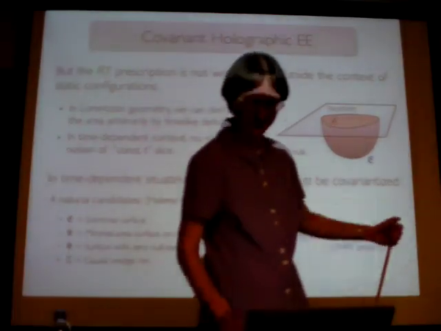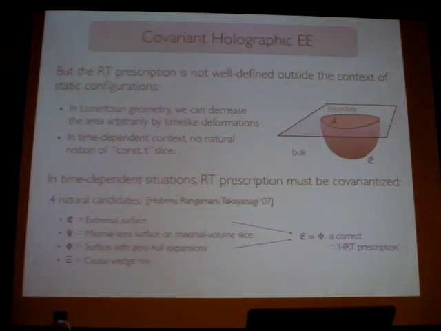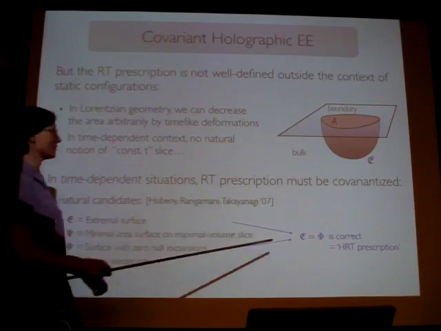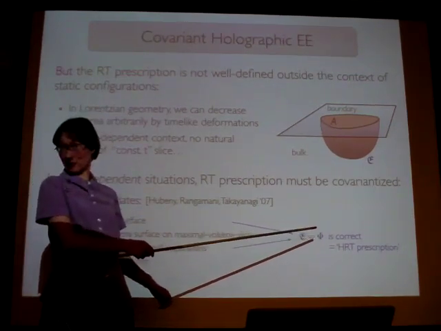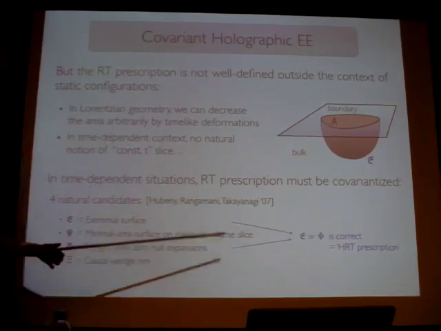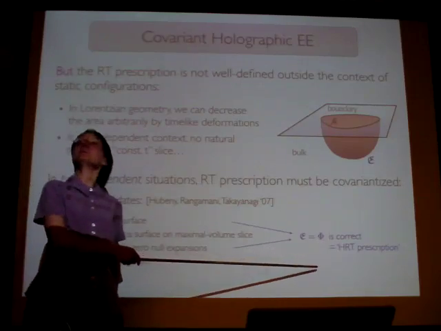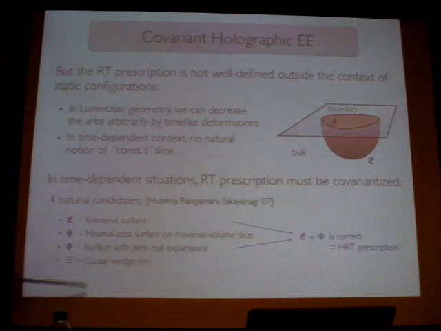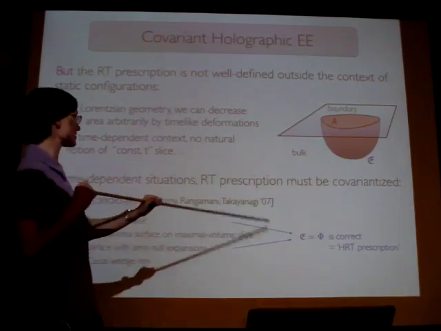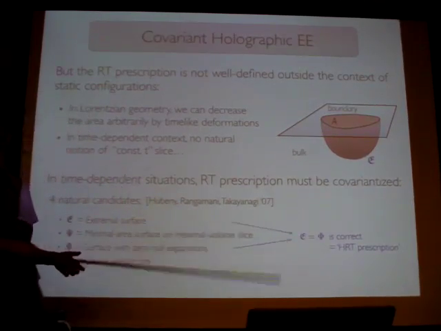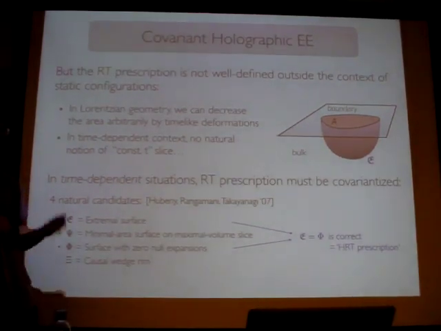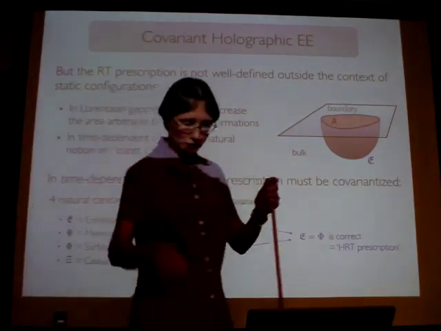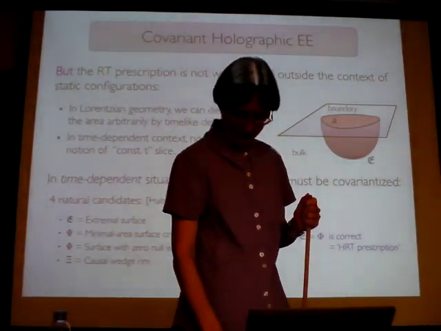So studying which of these prescriptions fit with all that we know, we realized that our proposal is the extremal surface, which happens to coincide with the surface with zero null expansions. So this proposal became known as the HRT prescription and is the one that people use to study entanglement entropy.